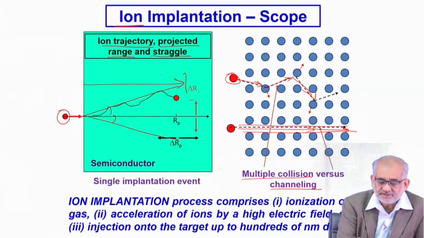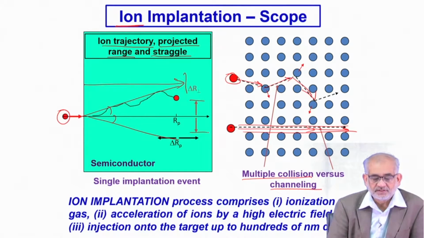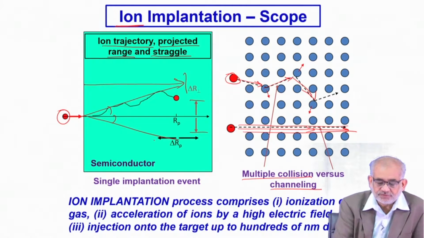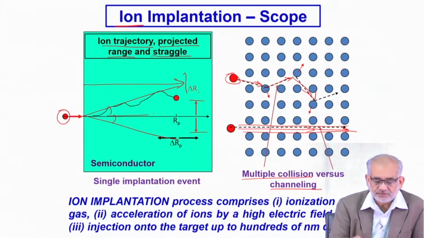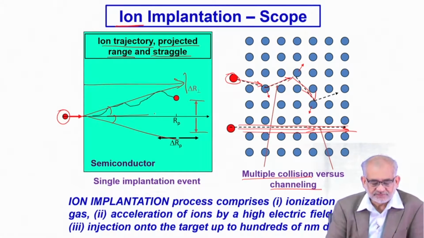This typical range is the so-called lateral range of movement of the ions. On the other hand, there could be also a range in which an incident ion will undergo multiple collision and spread over a region, and that's typically called the delta RP or the straggle. We'll come to that in a minute.